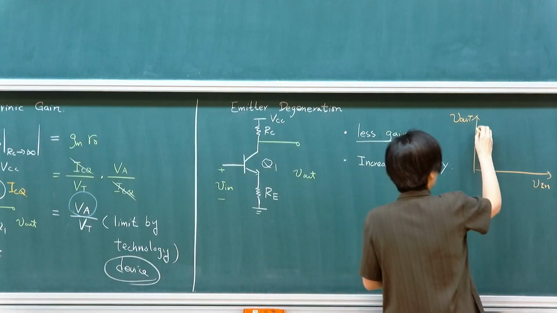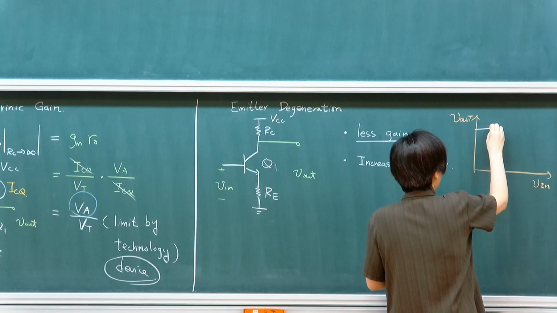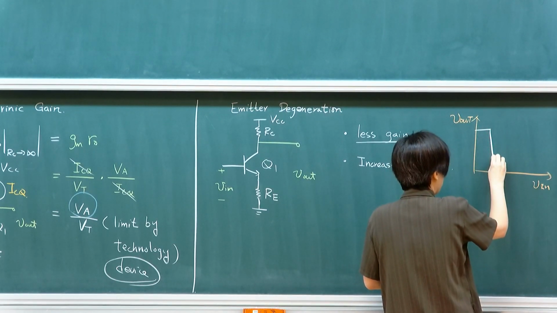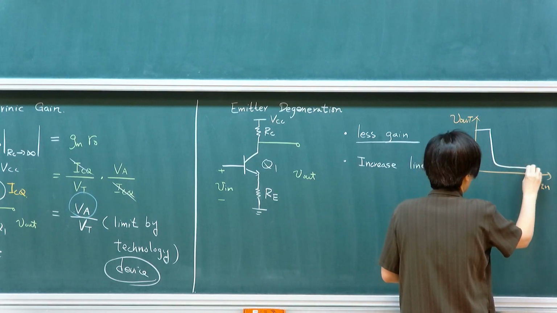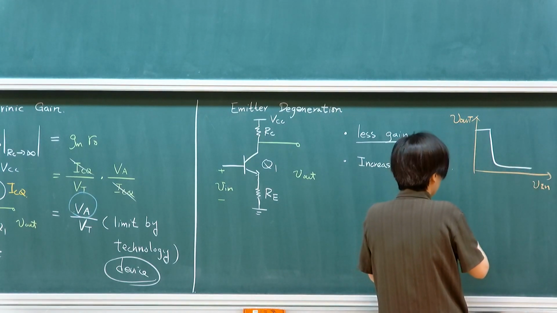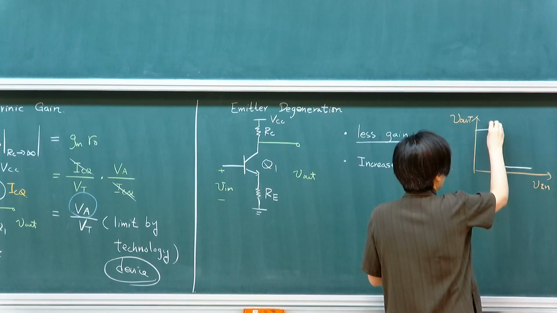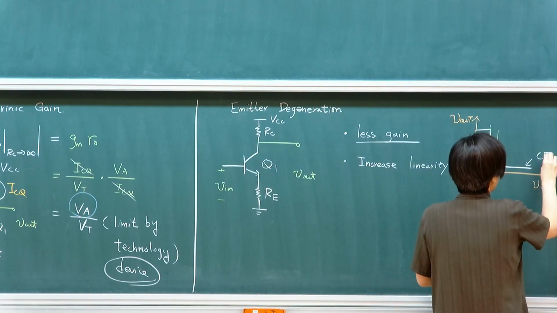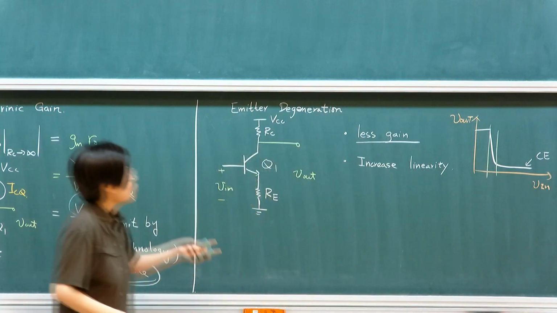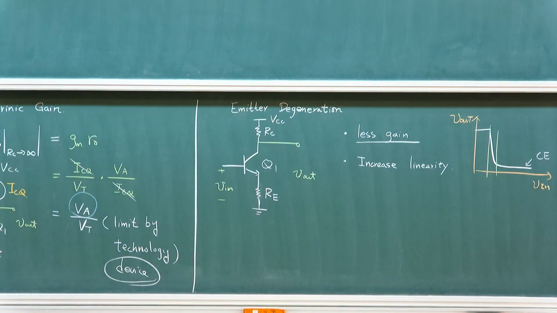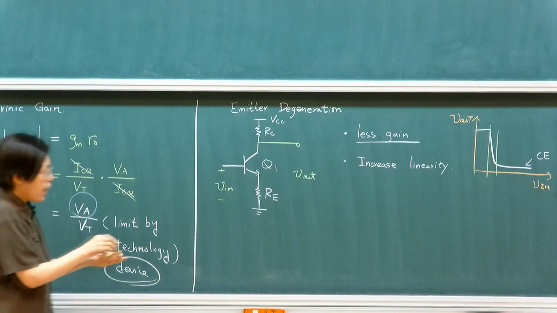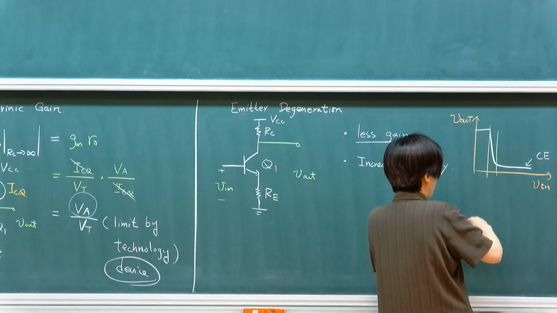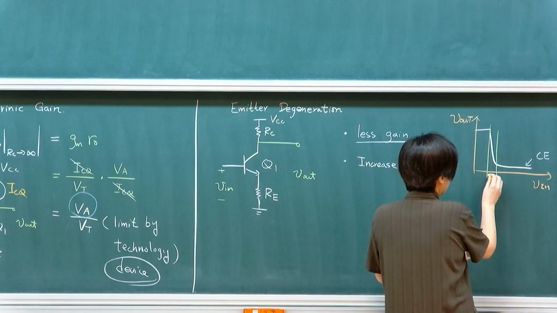If I'm having the original version, it will look something like this. Remember, it's an exponential dependency, therefore it drops very quickly and then it saturates. So this is a typical common emitter stage, like this. This means that my transistor operates in this operation region.